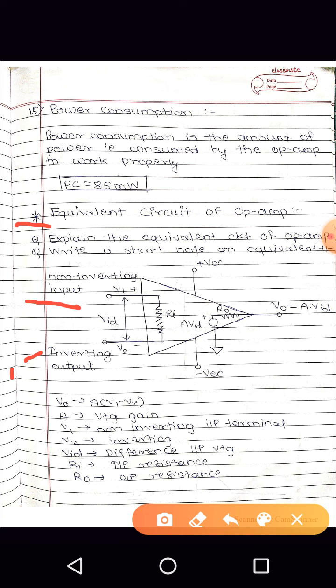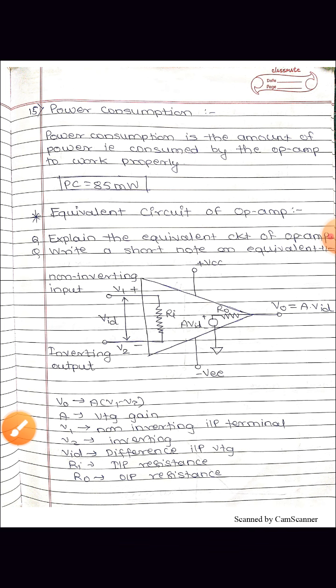These are the two input terminals. Ri is the input resistance. Plus VCC and minus V are the power supply applied. R0 is the output resistance. V0 is equal to capital A dot VID.